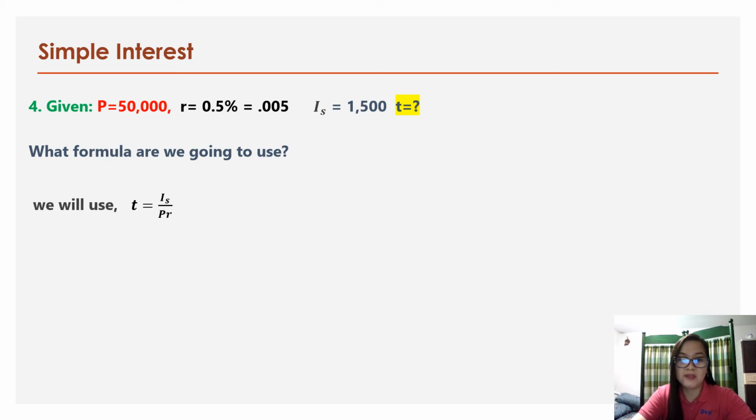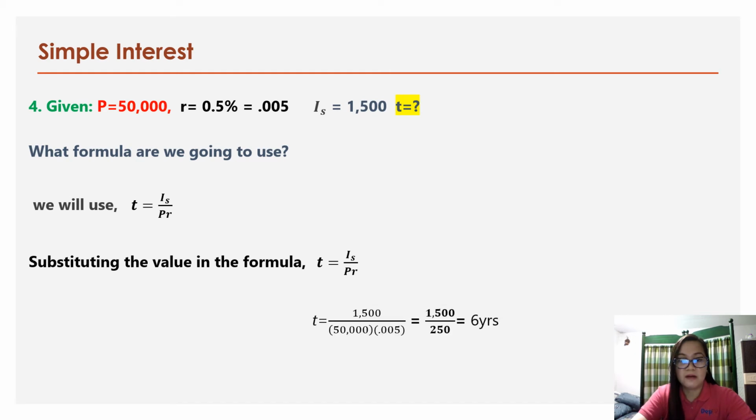What formula are we going to use? We will use time is equal to I sub S divided by PR, because this is the only formula in solving for T. Substituting the value, we have T is equal to 1,500 divided by 50,000 times 0.005.